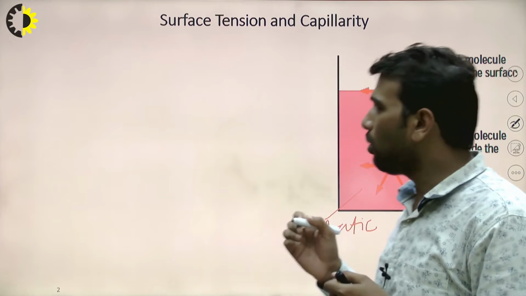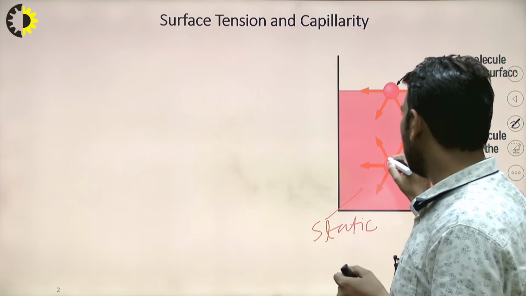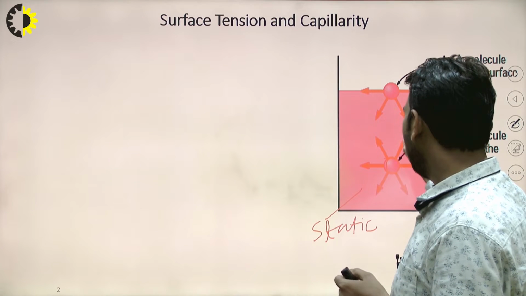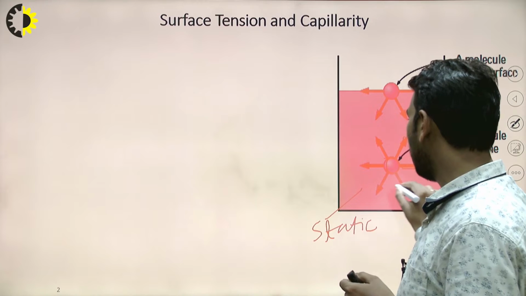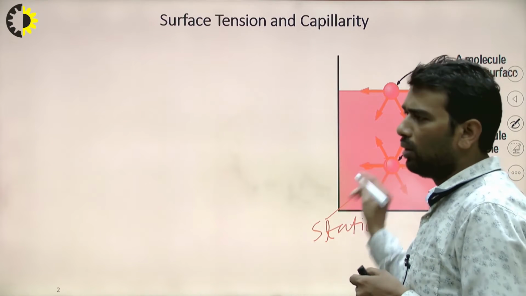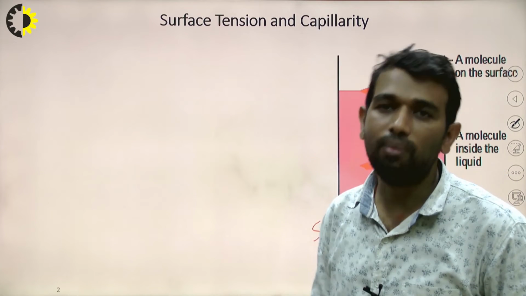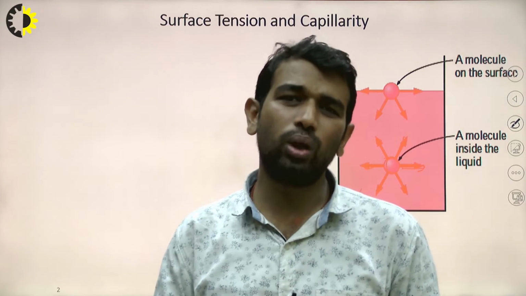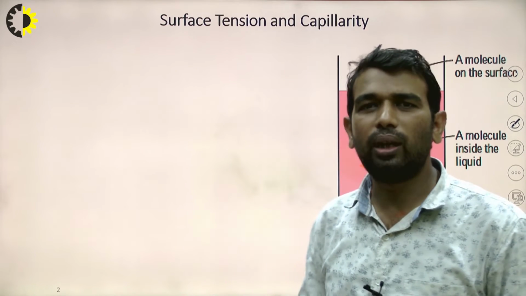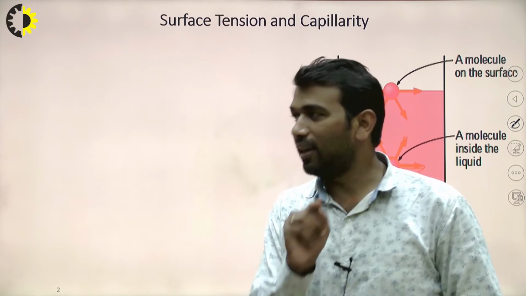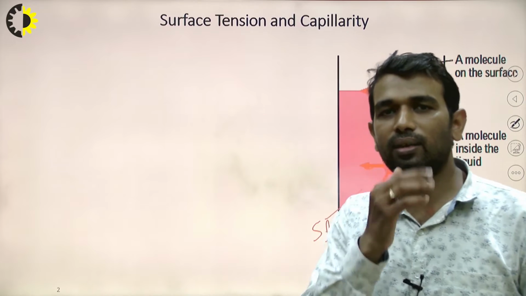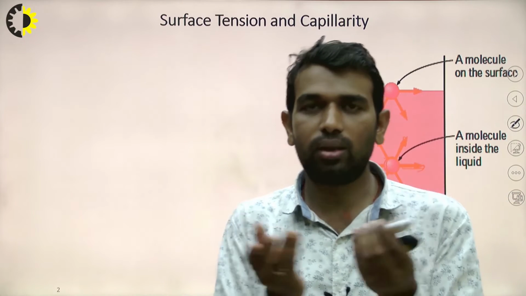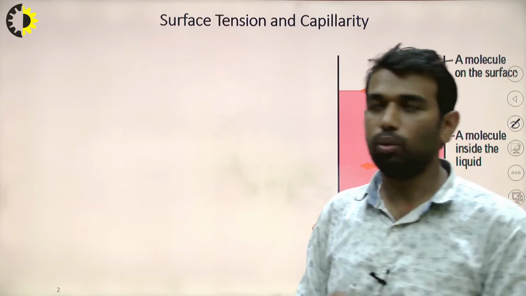From all the directions, the force applied on this molecule is exactly the same. So, the net force is going to be balanced. So, there is no issue when we choose any molecule inside the container where the molecule is totally surrounded with similar molecules.